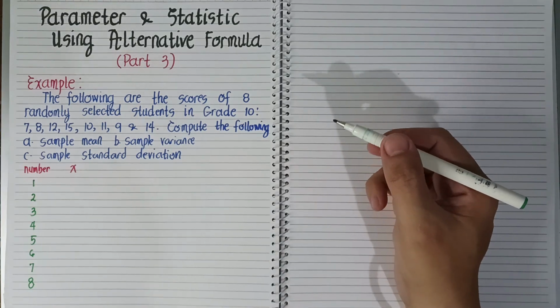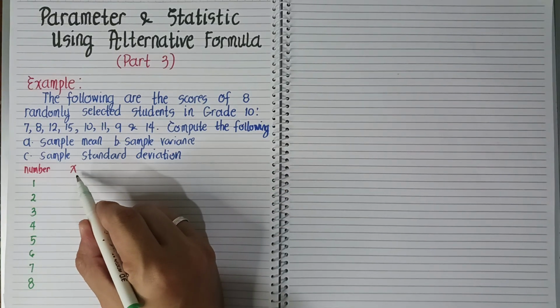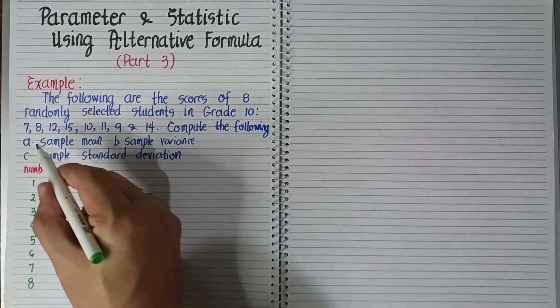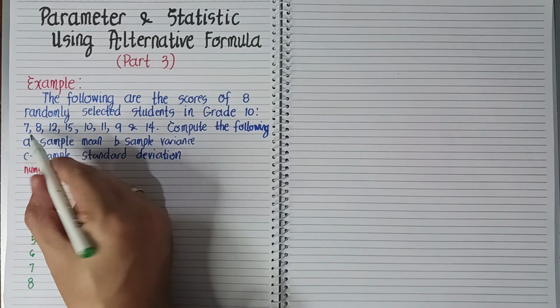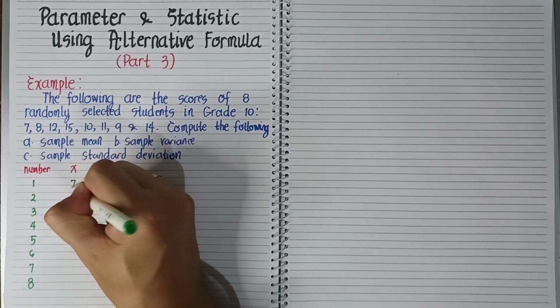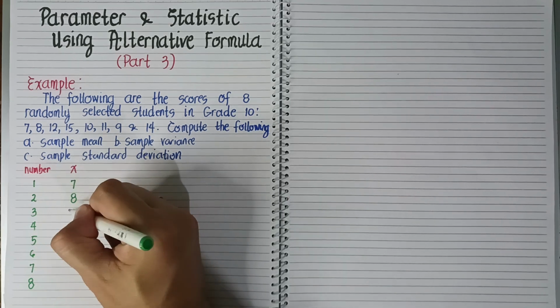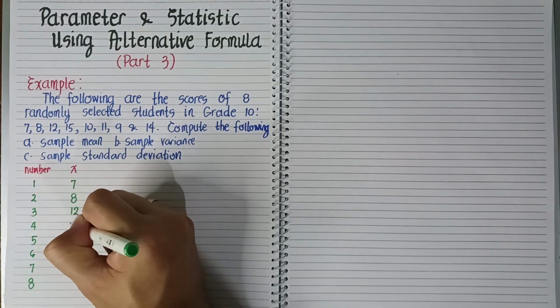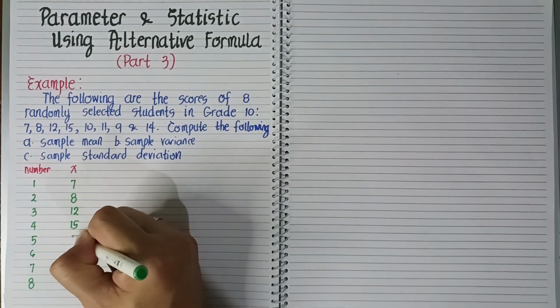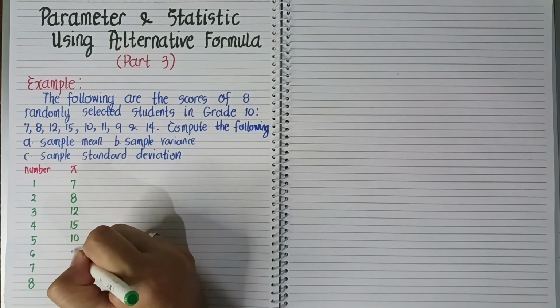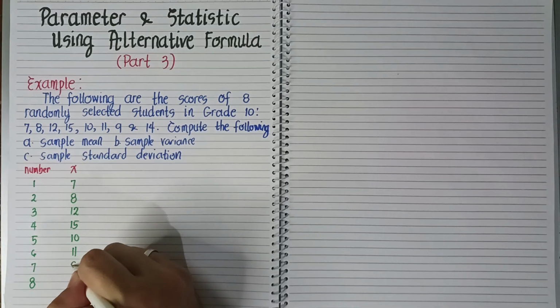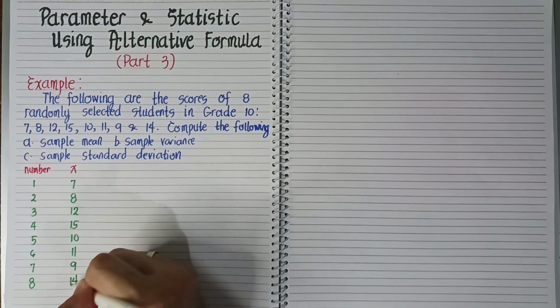Okay? And then, our X or the given data, which are 7, 8. So, guys, just line them up. 12, 15, 10, 11, 9, and 14.